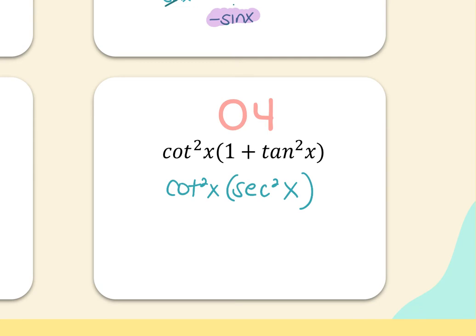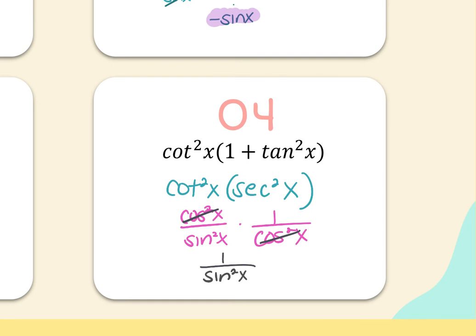Now what? And then what? I have 1 over sine squared x. Is there a simpler way of saying 1 over sine squared? Cosecant. Just be careful, don't lose the squared. So that should be cosecant squared.